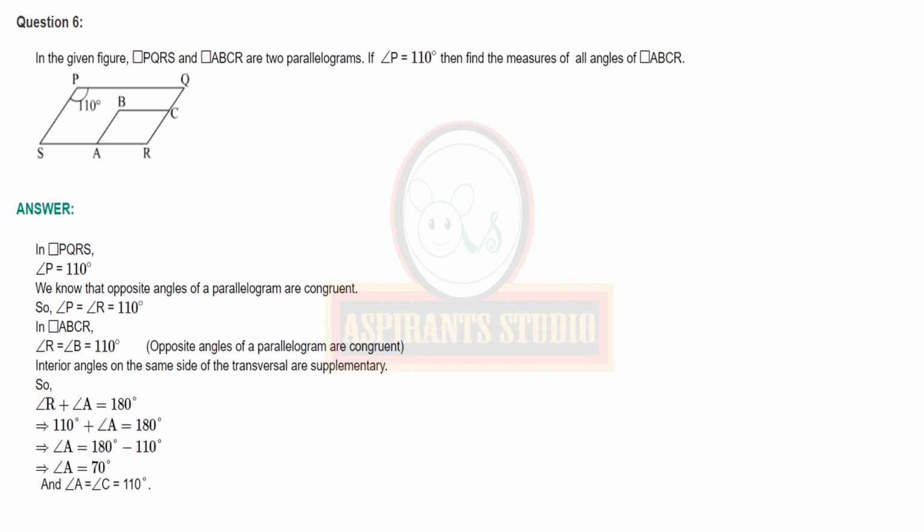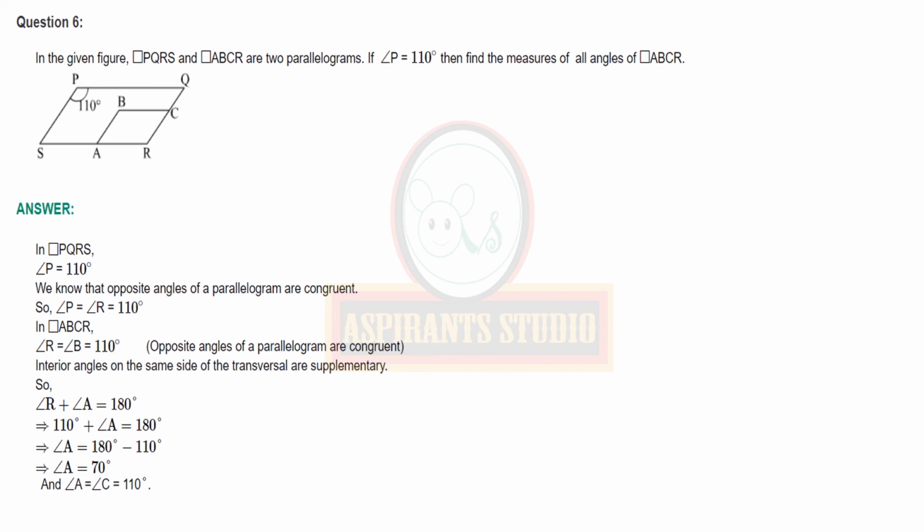And the sum of the measures of the interior angles is 180 degrees. So you can write measure of angle R plus measure of angle A is equal to 180 degrees. We already proved measure of angle R is equal to 110 degrees. So 110 degrees plus measure of angle A is equal to 180 degrees.